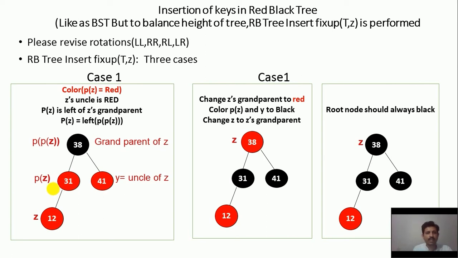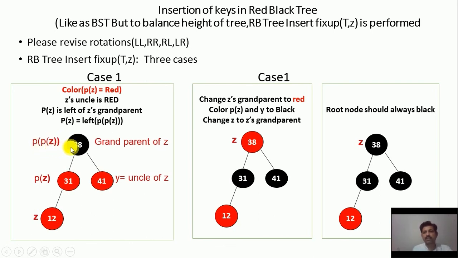Case one is when the color of P of G is red and the uncle of G node, meaning the uncle of node number 12, is also red, and P of G is the left child of the grandparent. Here P of G, the 31 node, is on the left side of PPG. PPG means the grandparent of G.